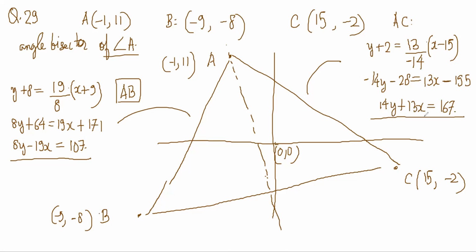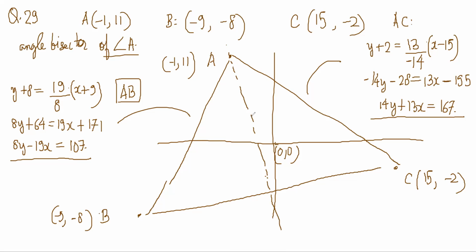Now the equation of angle bisector. Now we can do it, but the only thing that matters is the sign thing, right? Plus or minus.